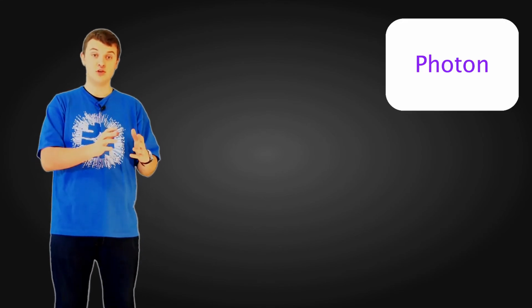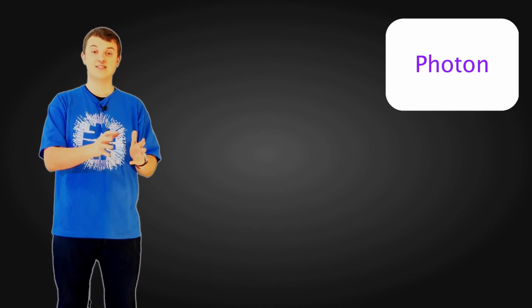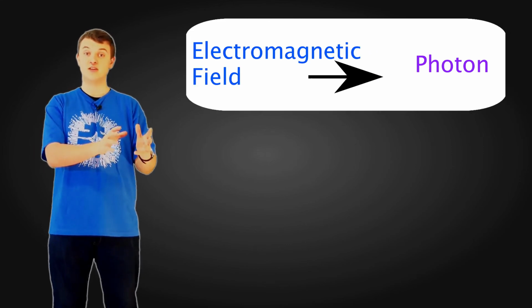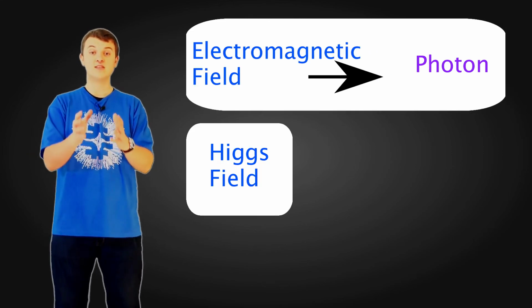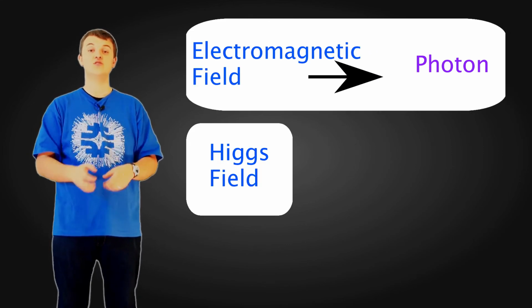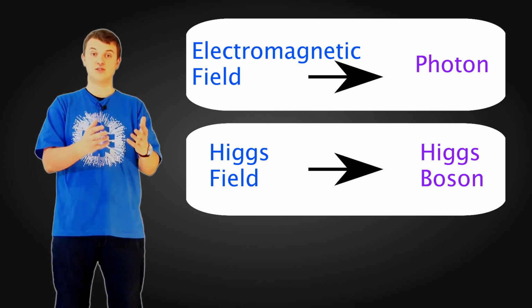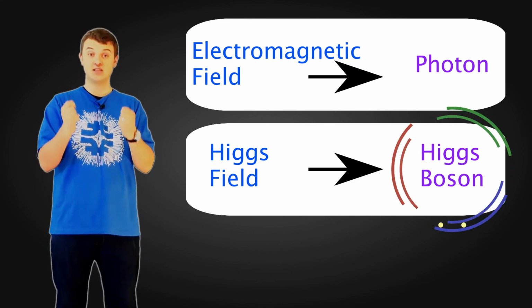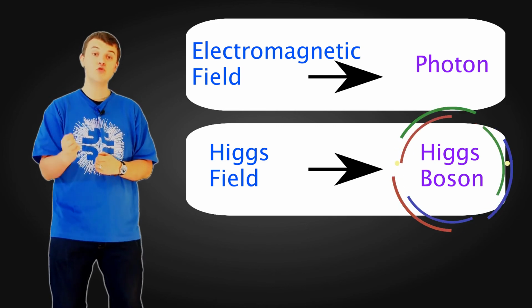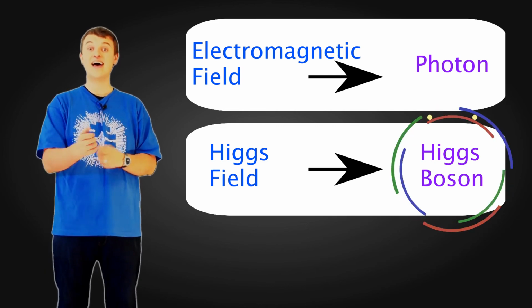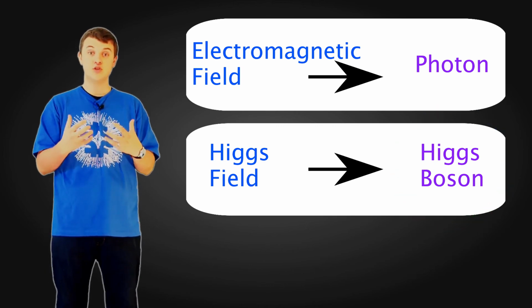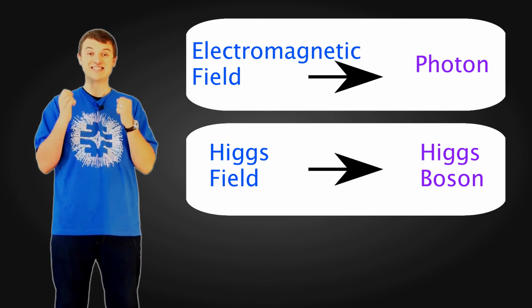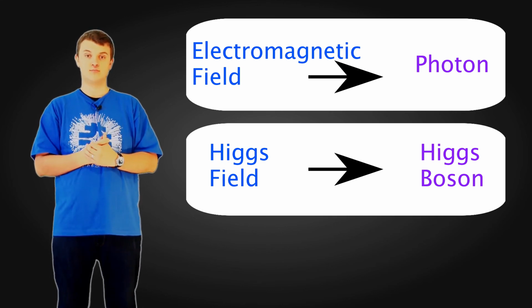Just as the photon is the quantized excitation of the electromagnetic field, the Higgs field is quantized into Higgs boson particles. If we can make and detect these Higgs boson particles, we can prove that the Higgs field exists and that our description of the universe using symmetry is still a good description.